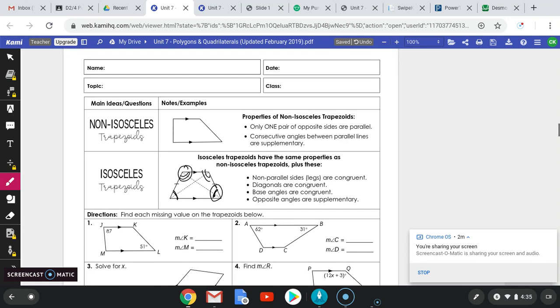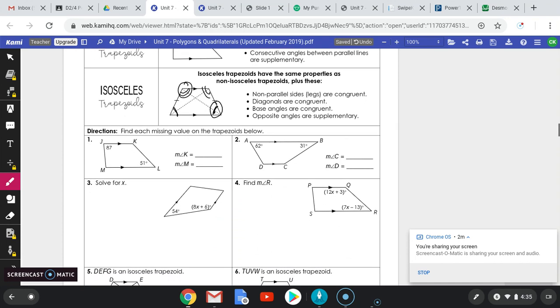So let's look at a couple of examples dealing with these properties. For number one, first things first, it is always very important to know, through labeling, what you have here. Is this a non-isosceles or isosceles trapezoid? You would be correct in saying it's a non-isosceles trapezoid, and the reason we know that is because it doesn't have the tick marks on the legs.